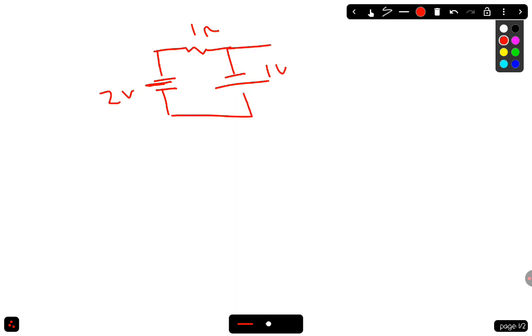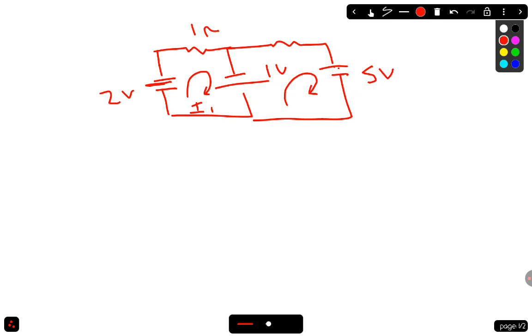Now again I am taking another voltage here, 5 volt. According to the mesh method we have to assume current in each particular mesh. Suppose the current flowing in this mesh is I1 and the current in this mesh is I2. Now we will apply KVL in each mesh.